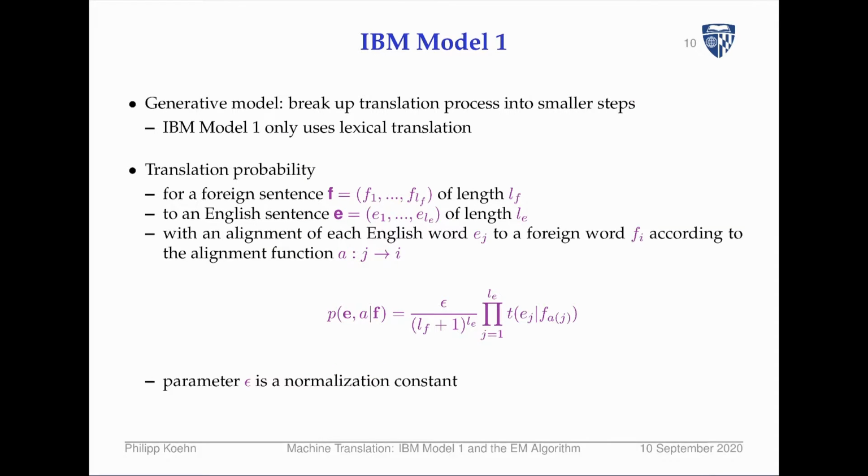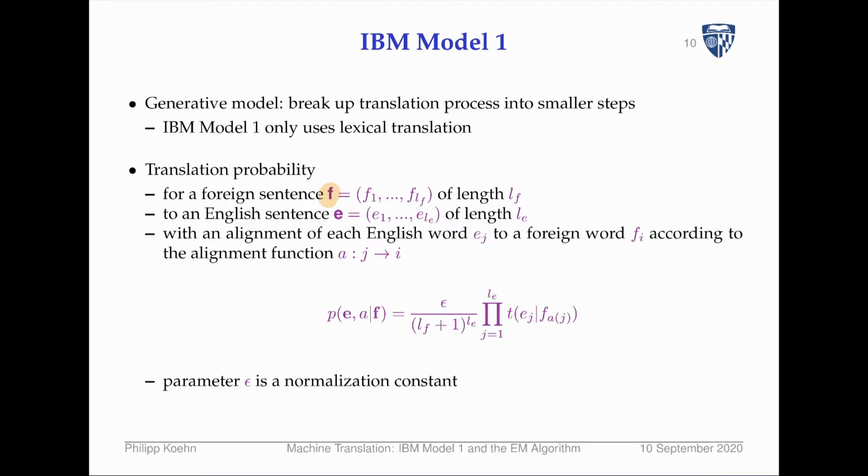Okay, that's all you need to do IBM Model 1. The formula looks more complicated than it needs to be. It's really just a very simple principle that's behind it, which is based on the alignment. Let's introduce some of the variables first. Now in bold F, we're going to label sentences.